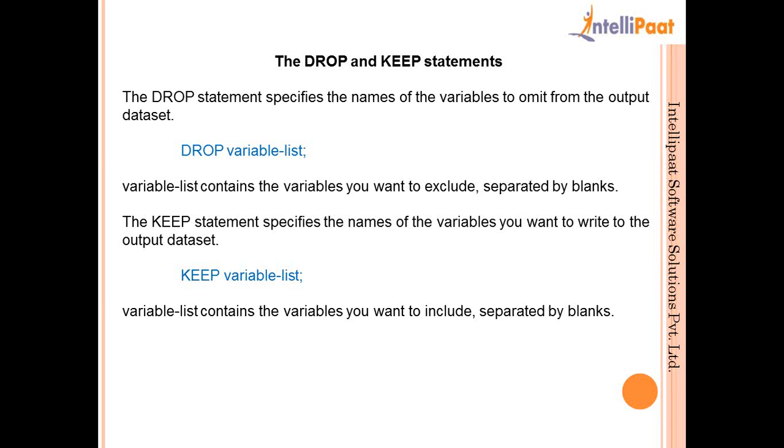If we are using it with the output data set, then it will have the exact meaning as we are reading right now: if you are using drop with the output data set, it means you are excluding. If you are using keep with the output data set, it means you are including.